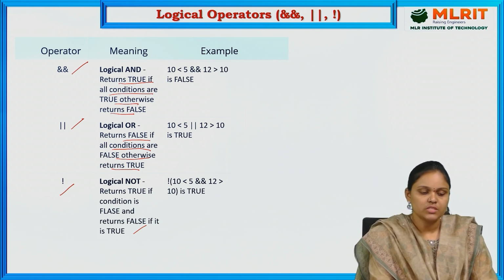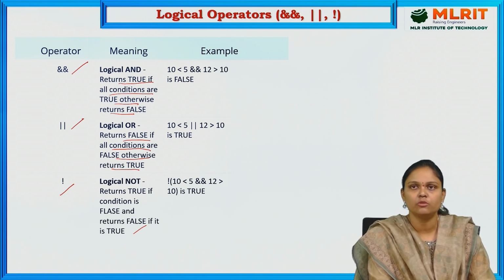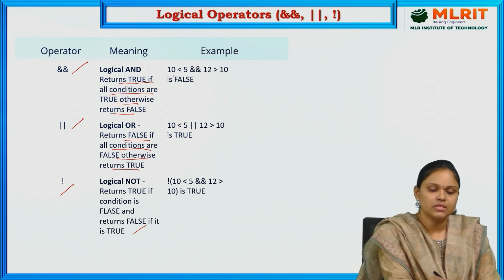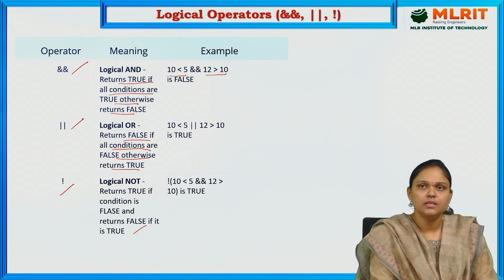So when you are using multiple conditions, so in an expression, if you have multiple conditions to be satisfied, at that time we use these logical operations to combine all those multiple conditions and make them a single unit. So for example, see, 10 less than 5 is one condition and 12 greater than 10 is another condition.